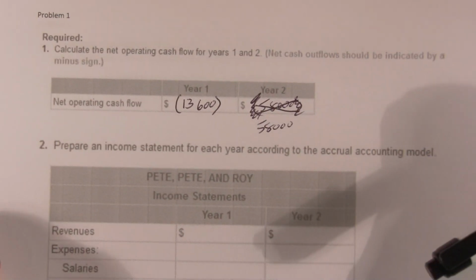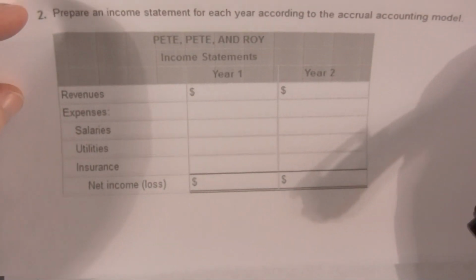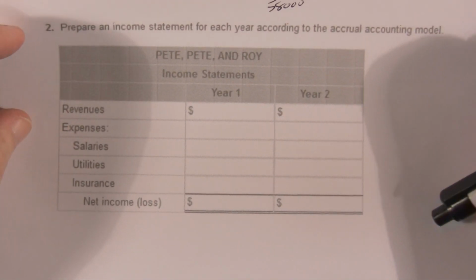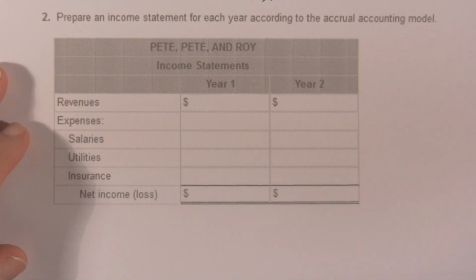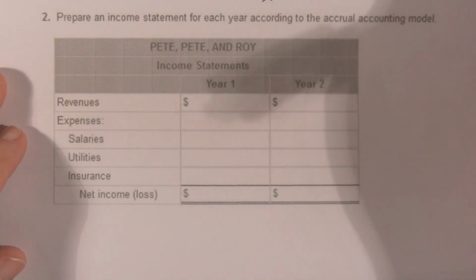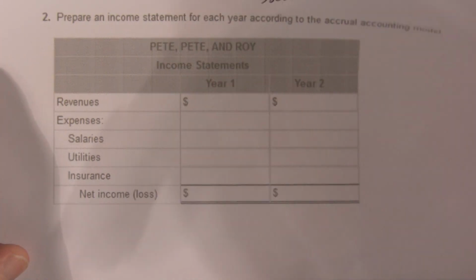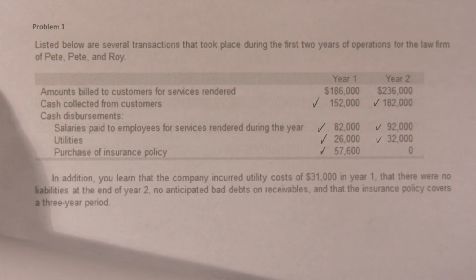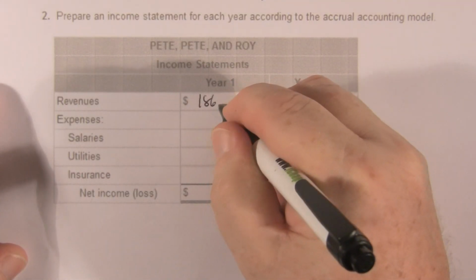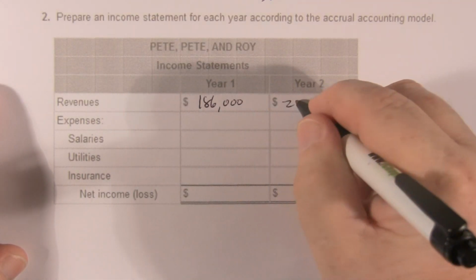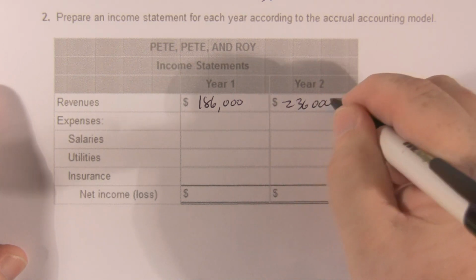So let's take a look at an income statement, a GAAP compliant income statement. And now we're looking at not cash collected, but revenues. So we have 186 and 236. I'm going to do these at the same time so that you're not watching me flip back and forth repeatedly.